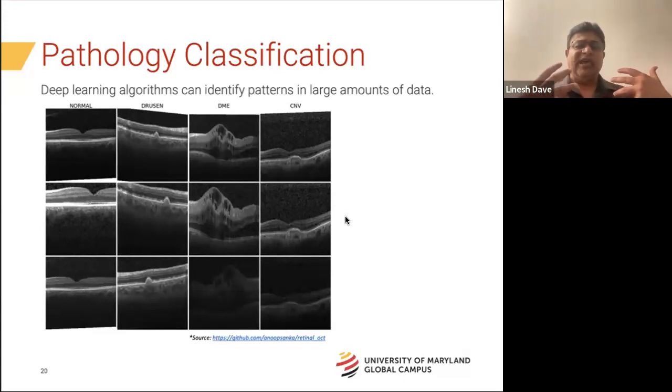Just by feeding in millions of these images, it has built a model that can detect, by looking at just the retina of the patient's eyes, what kind of health condition this person may have. Whether it's a first stage of something, a second stage of something, or nothing at all and it's all good, it is able to do that.